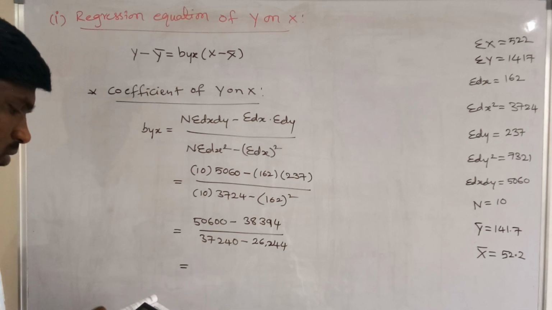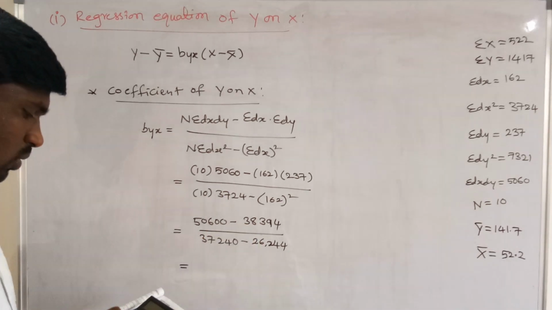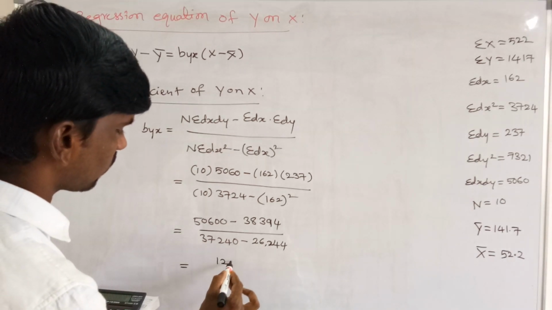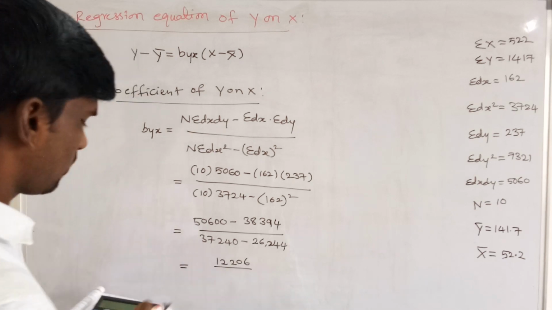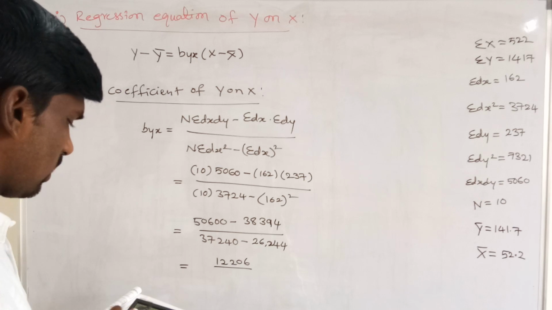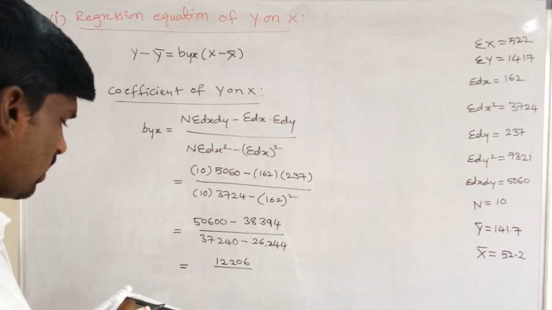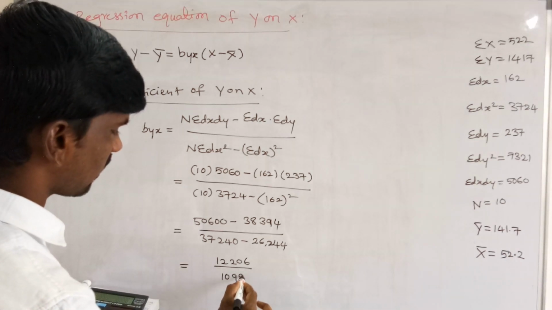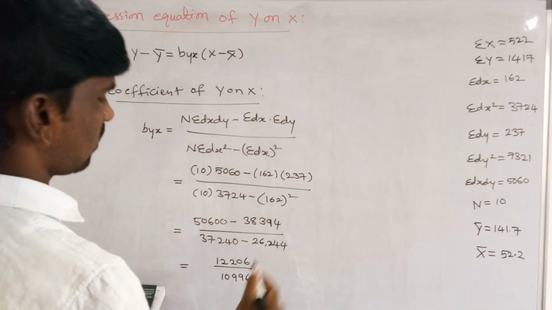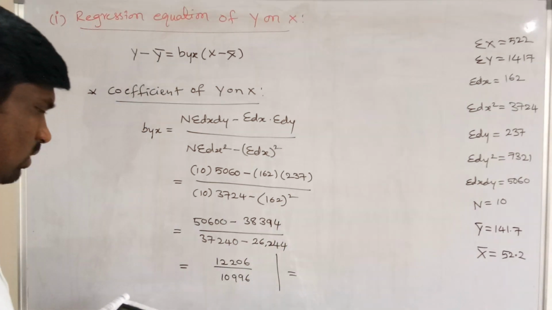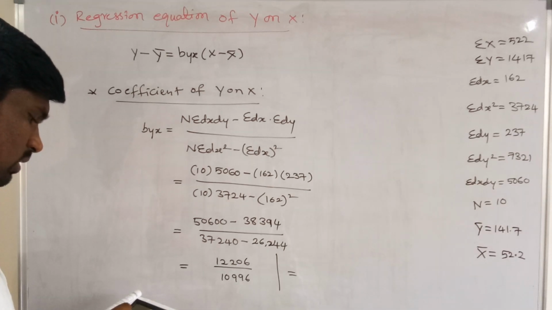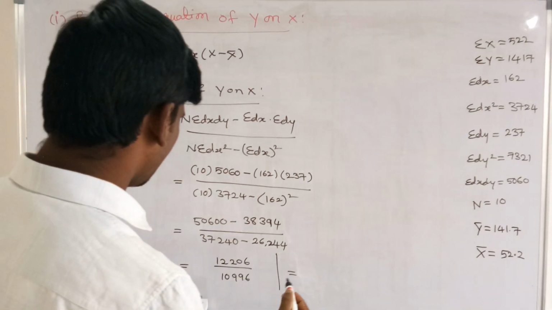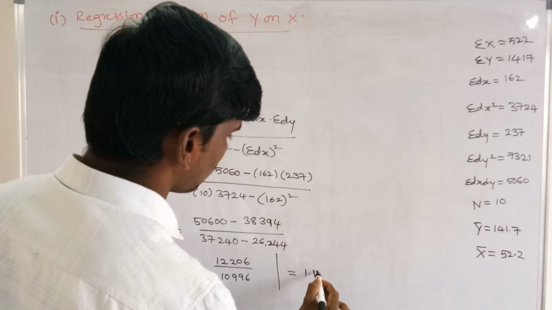So this is equal to 50,600 minus 38,394, that is 12,206, divided by 37,240 minus 26,244, that is 10,996. So 12,206 divided by 10,996 is 1.110.